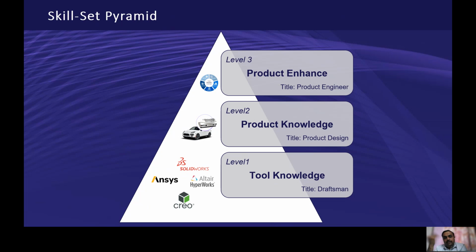But if you have to elevate yourself, you will have to focus on one specific application or product. That is where you gain the product knowledge. When I talk about product knowledge, it can be for any system, subsystem, or component.